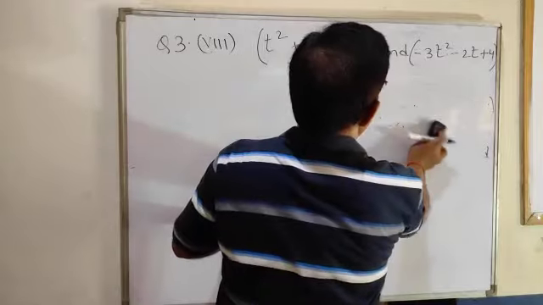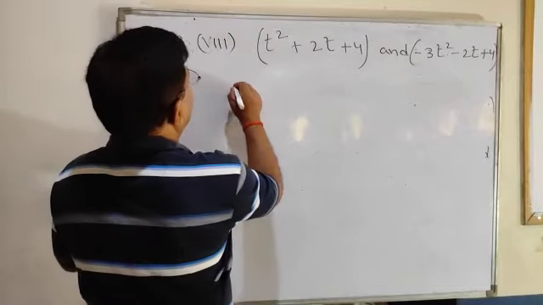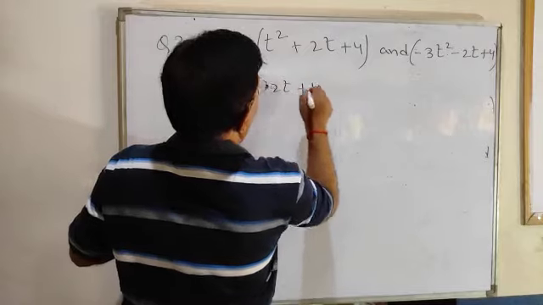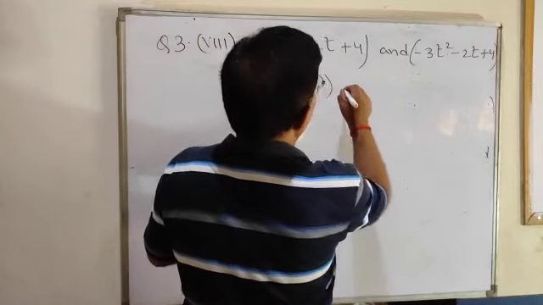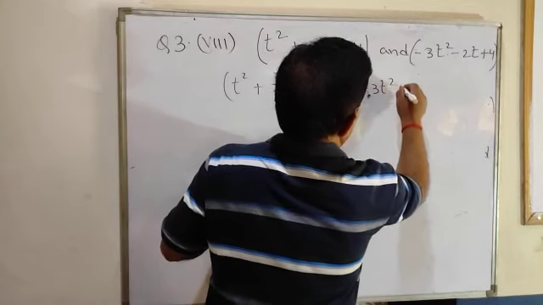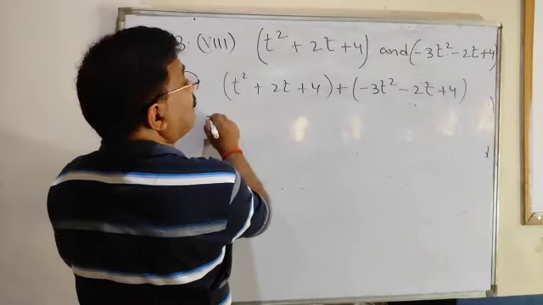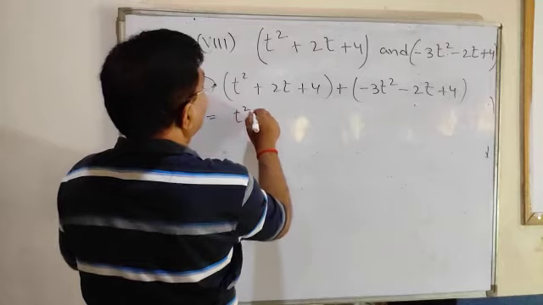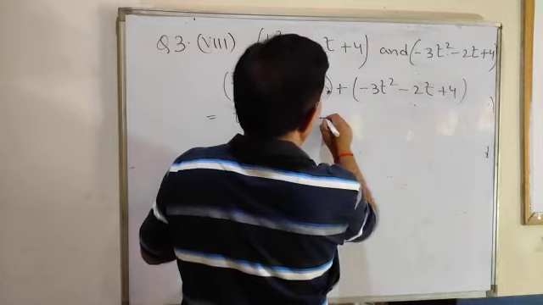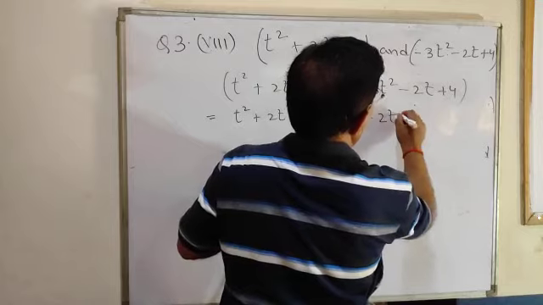First, we will try to solve by the horizontal method. Write t square plus 2t plus 4 in one bracket, and we have to add minus 3t square minus 2t plus 4.